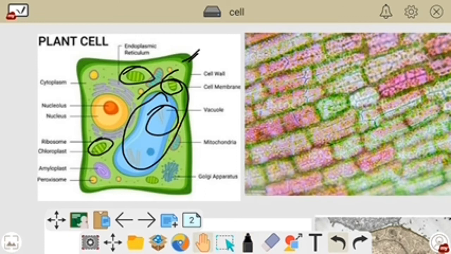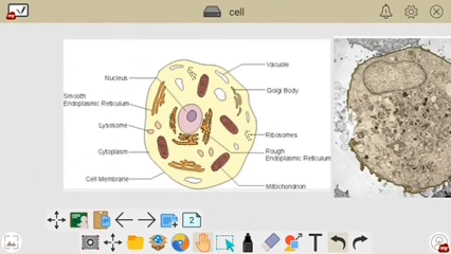On the other hand, the vacuole present in the animal cell is very small. Most of the animals do not have the vacuole. So only few animals contain the vacuole of small size.